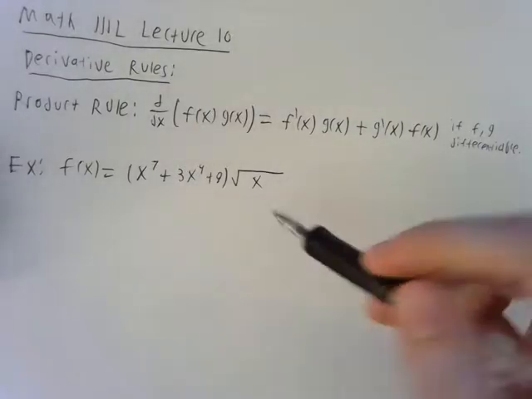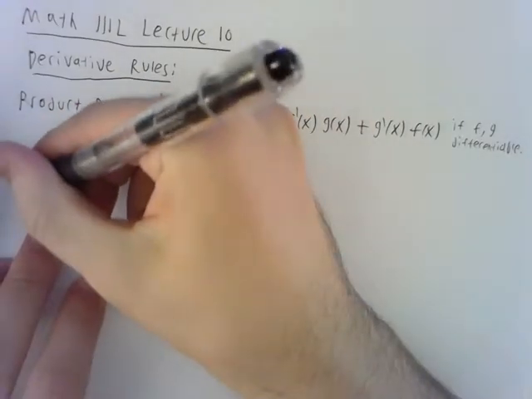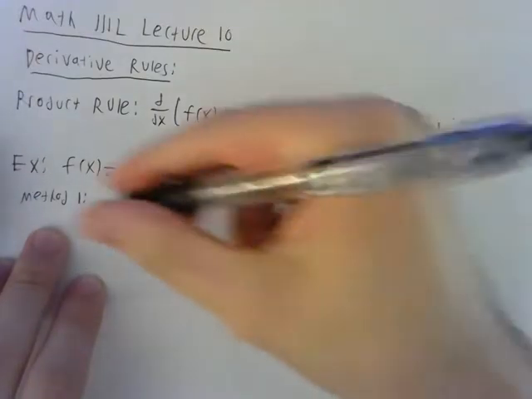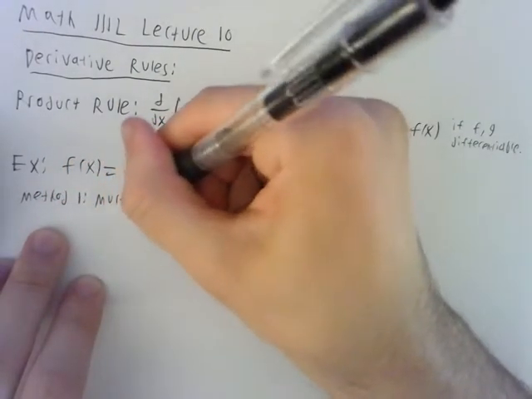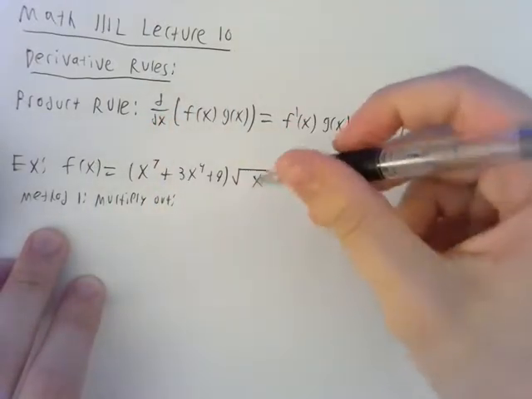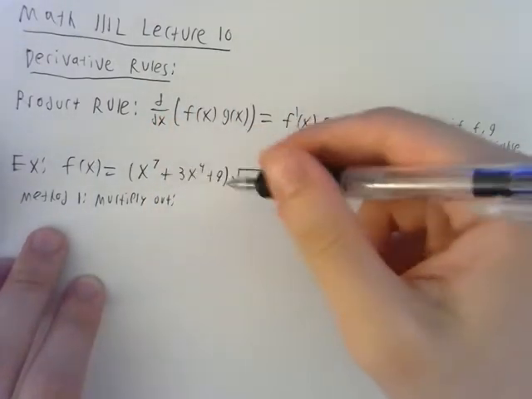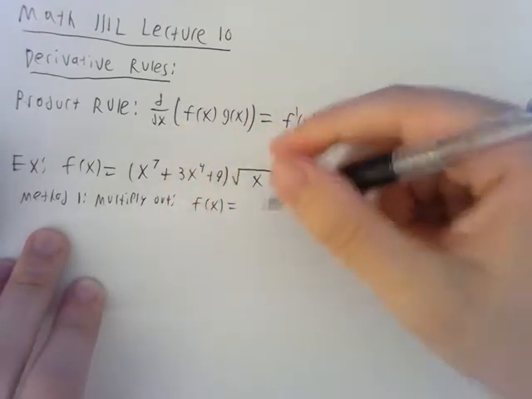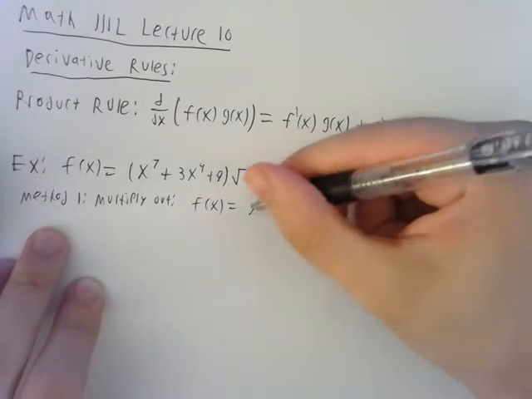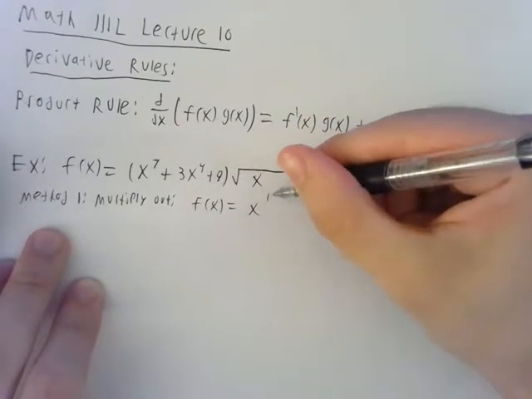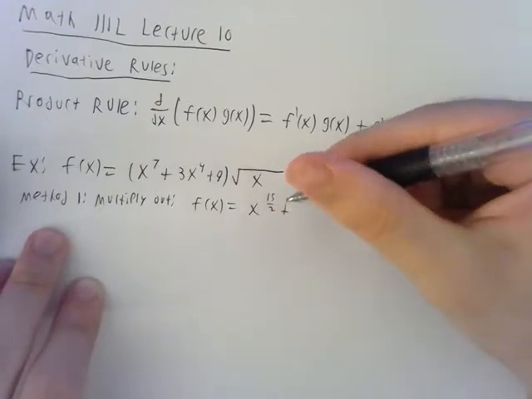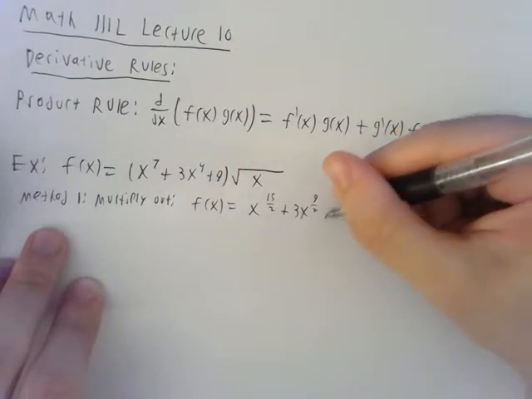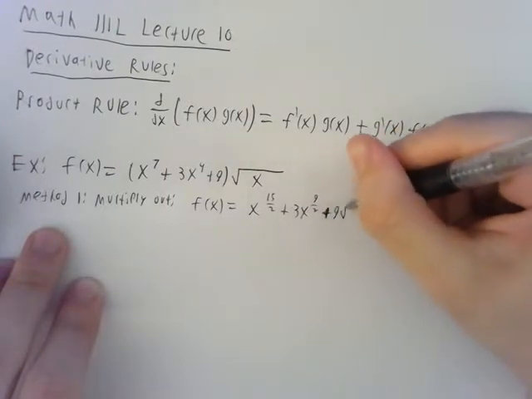One thing we could do to take the derivative of this function is to multiply this thing out. So x times square root of x is x to the 3/2, so we can use properties of exponents to get f of x equals x to the 15 over 2 plus 3x to the 9 over 2 plus 9 square root of x.